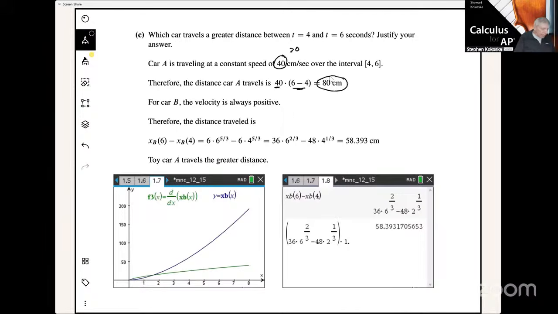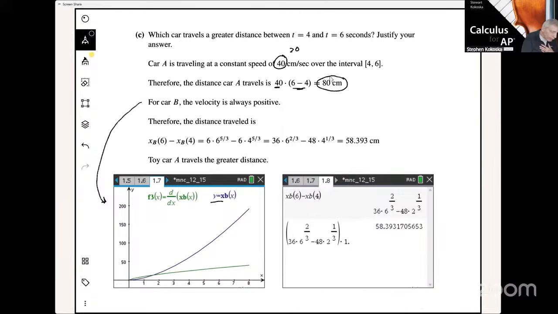Now, for car B, the velocity is also always positive. How do you know that? Well, you can see that by looking at the analytical expression for the velocity, but just to double check this, I drew a graph on a graph screen.